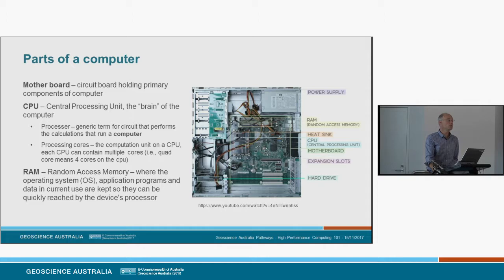So CPU, this is our first term, if we exclude motherboard. This is the central processing unit, and you can think of this as the brain of the computer. It has several processors that can be on this unit, and these are processing cores, and we can have multiple cores. So that means that in a single unit, we can have multiple cores and therefore do multiple operations.